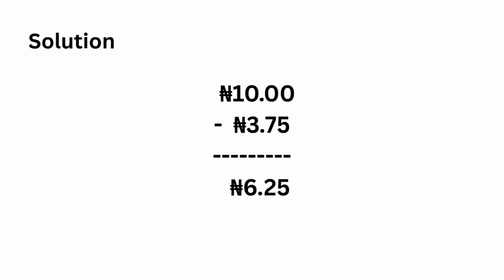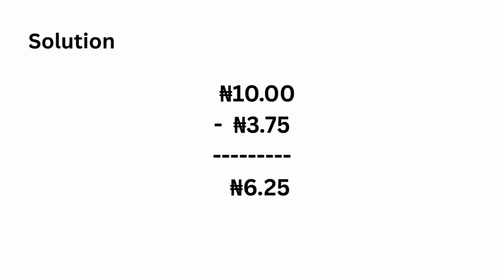First of all, we line them up properly with the decimal points aligned. Then from 10, we borrow 1 to the 0 after the decimal, and that 0 becomes 10. And then from that 10 again, we borrow 1 to the 0 at the end on your right, and that becomes 10. 10 minus 5 gives us 5, right? Then the 0 in the middle, we already borrowed 1 from it, so from that 10, it's remaining 9.